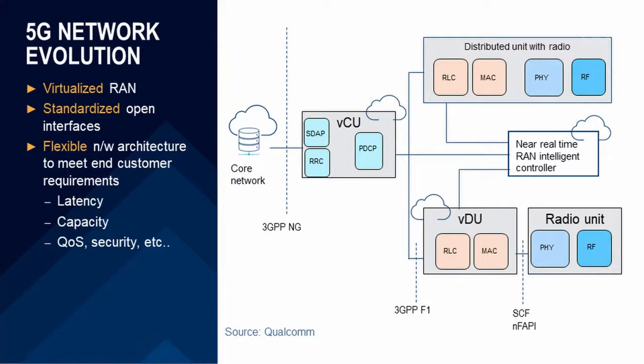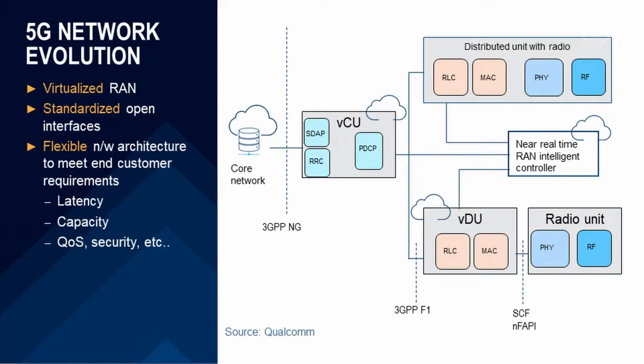Likewise, the centralized unit, CU, and the RAN intelligent controller, the RIC, onto the cloud for efficient resource management and efficiency, and also network automation and so on.